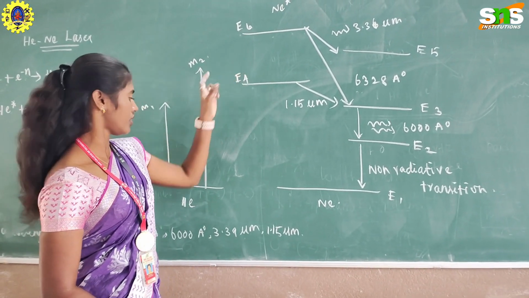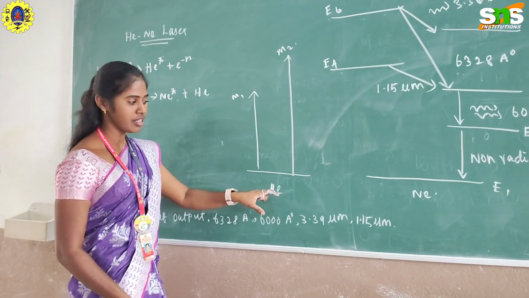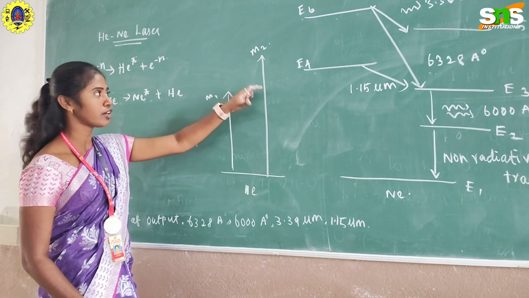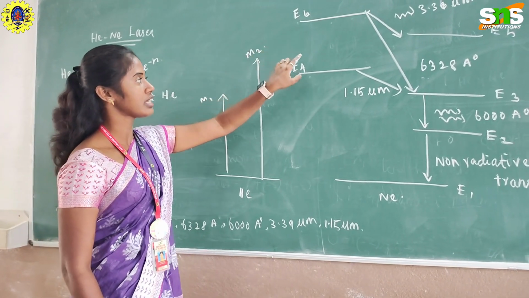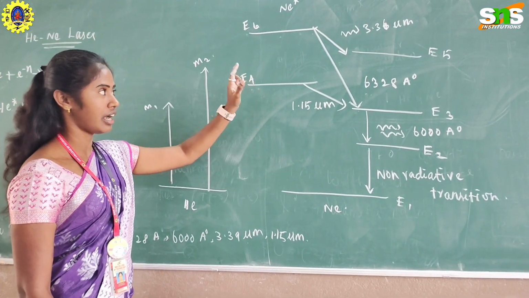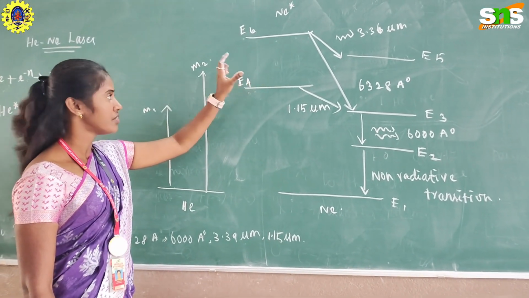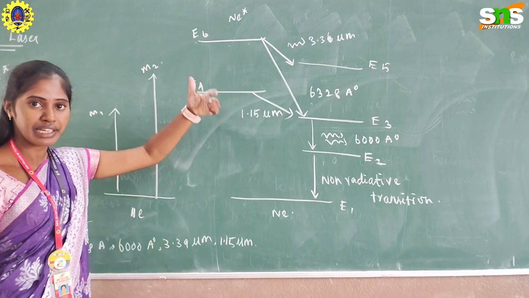First of all, after the collision of the electron, the helium becomes excited into two metastable states, M1 and M2. Then at the E3, E6 and E4 levels of neon, the helium completely transfers its energy to the neon molecules. The neon becomes excited.